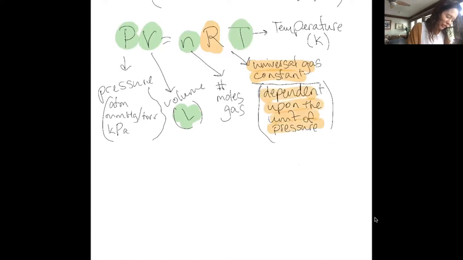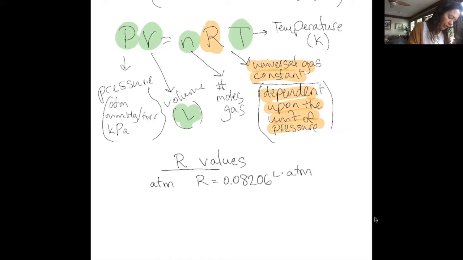Not really. There are only a couple different R's we will be concerned with, okay? So R is dependent on the unit of pressure. If pressure is measured in atmospheres, R equals 0.08206 L·atm/(mol·K), okay?